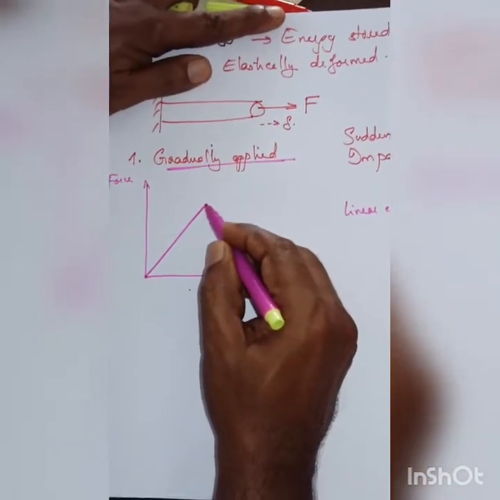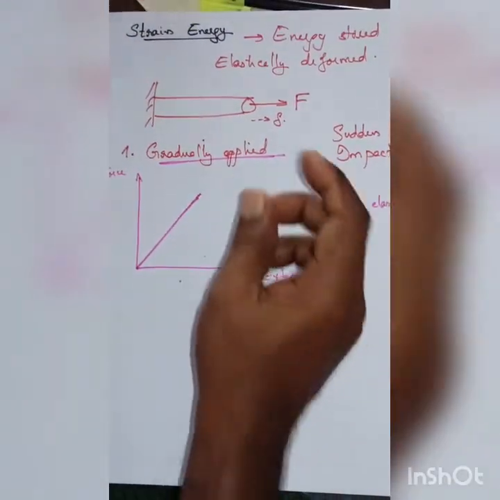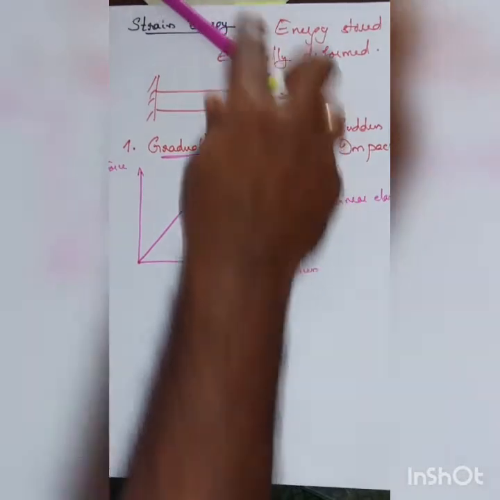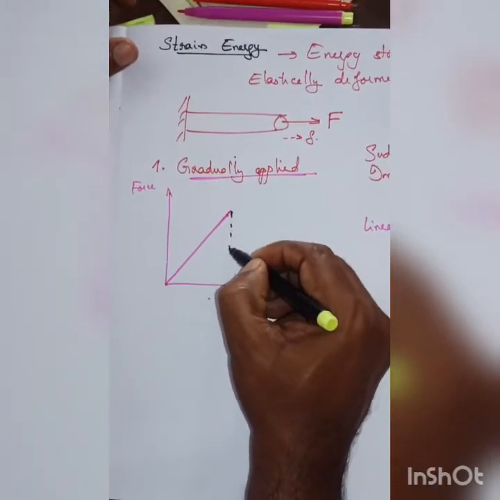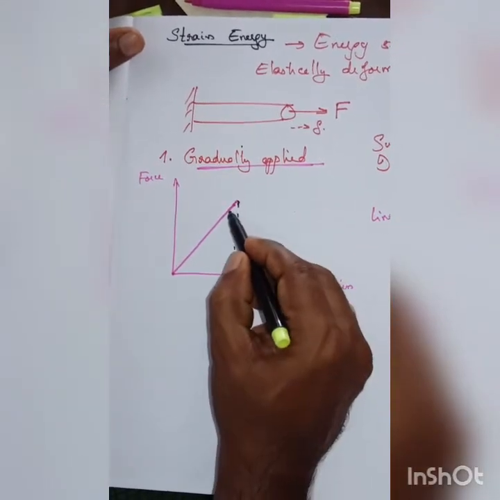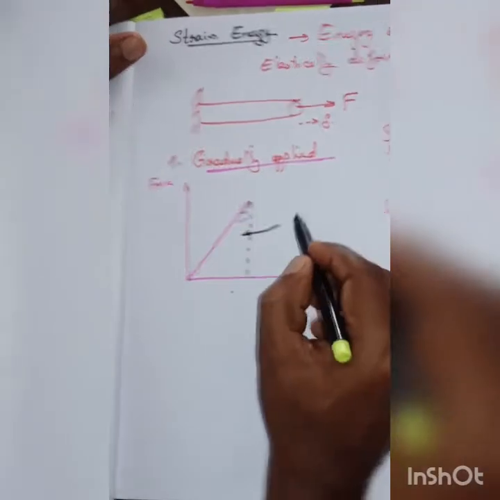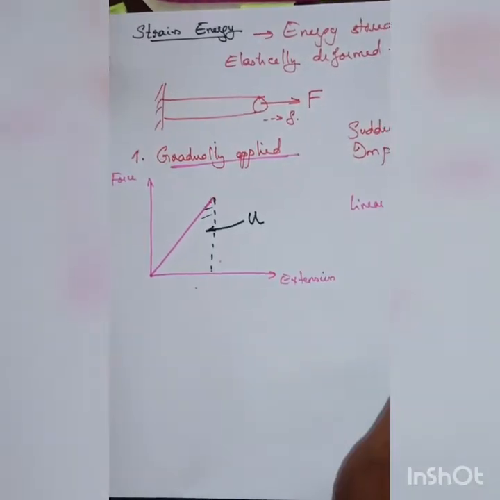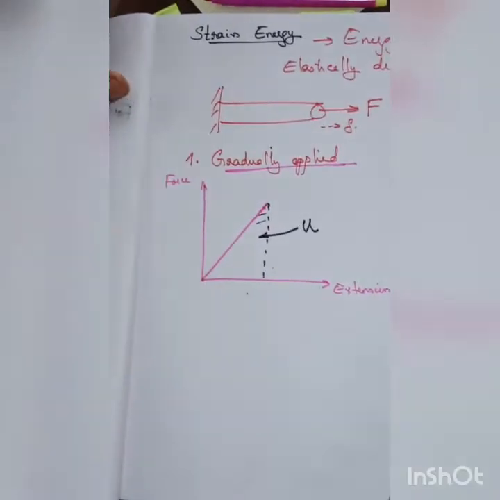Strain energy is actually the area under the force extension curve, that is this area. This area is the strain energy, which is normally represented by the capital letter U.